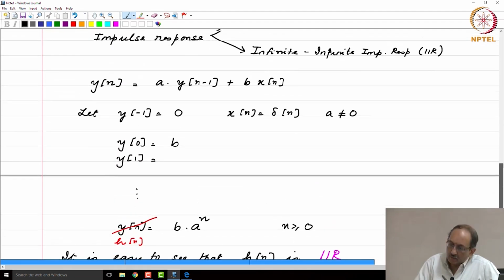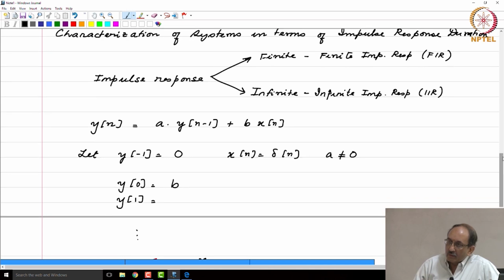Now, let us go back and look at this IIR example that we saw. We know that the system is IIR based on the example that we just worked out, and we see that if the system is IIR, at least one a_k is non-zero.